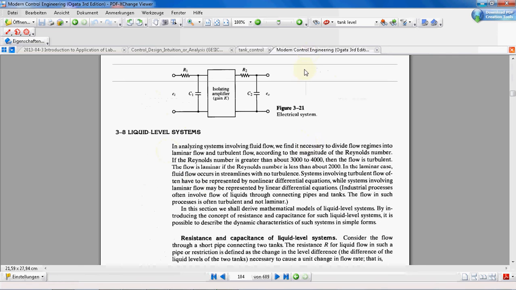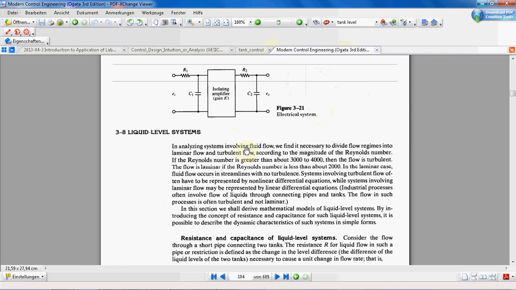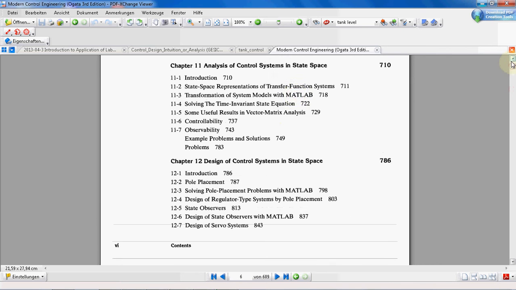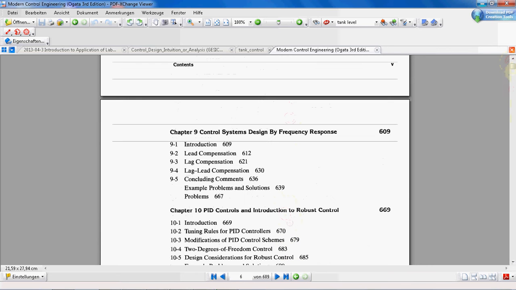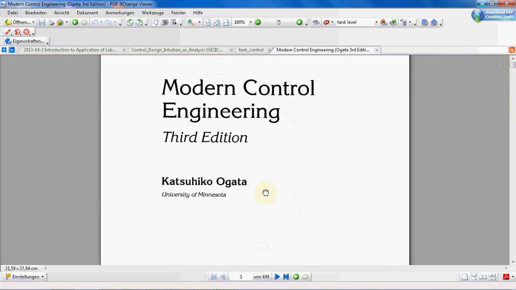Another thing that you have to read is Ogata, Modern Control Engineering. This book is also available on the internet for actually no charge. You can find it by googling it, but of course this is an old edition of this book.